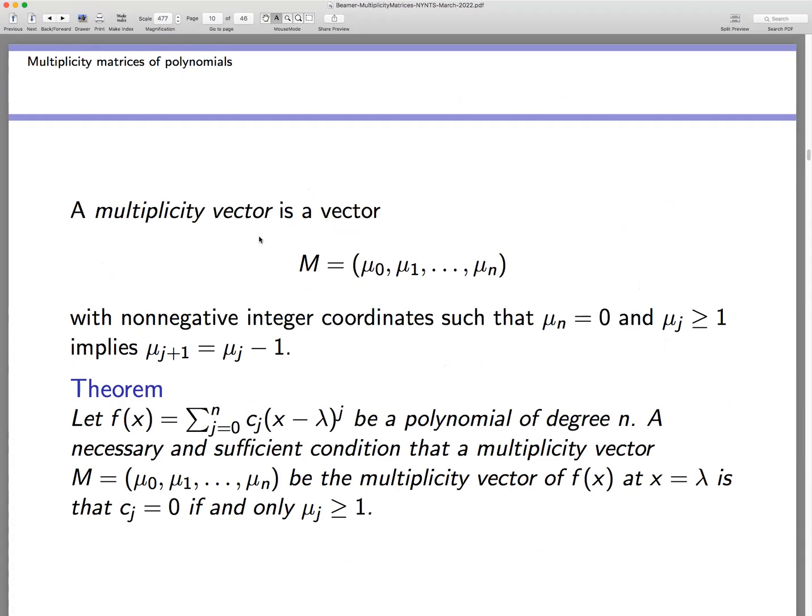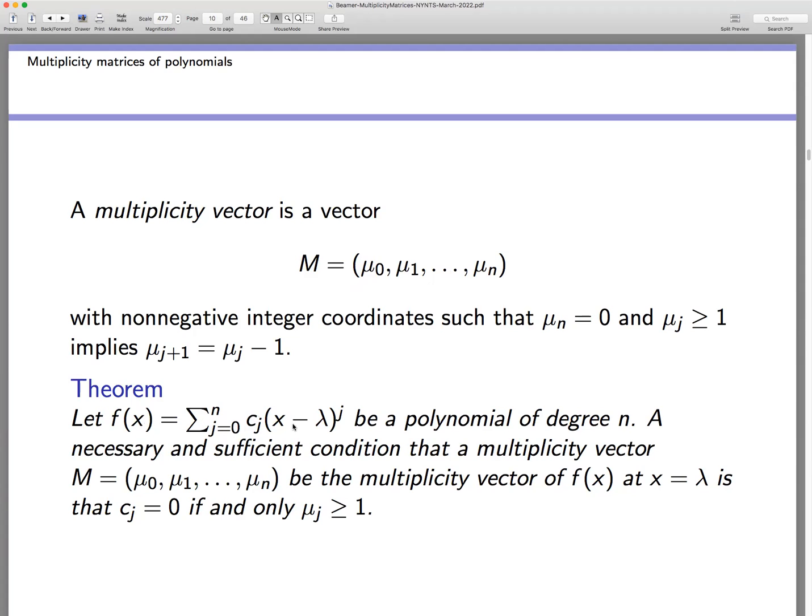So let's say that a multiplicity vector is a vector whose coordinates are non-negative integers, where the last coordinate is always 0. And whenever mu_j is at least 1, the next term is exactly mu_j minus 1. And the theorem says that every such vector is the multiplicity vector of some polynomial of degree n. You can do this in various ways. I had done this originally by a different kind of construction. Moshe Newman pointed out last week that it's enough just to look at the coefficients of the Taylor series.